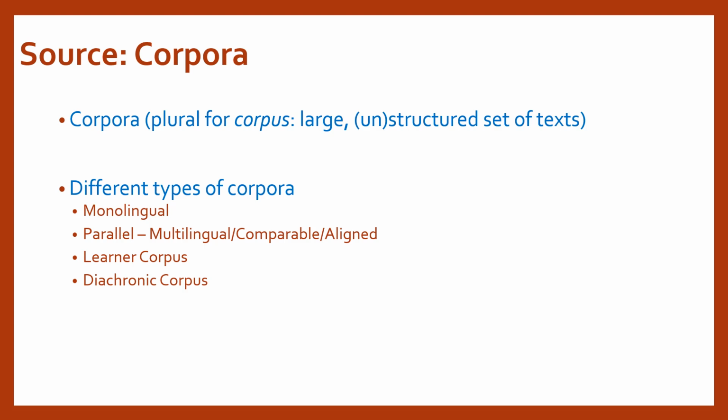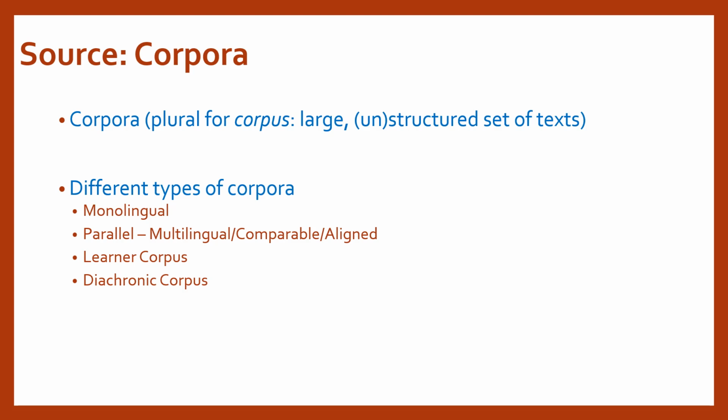Corpora is basically the plural of corpus, and in its pure form, a parallel corpus consists of two monolingual corpora, where one is a translation of the other. Again, in its most pure form, these two are aligned. That is, corresponding segments, the sentences or the paragraphs, are actually matched.